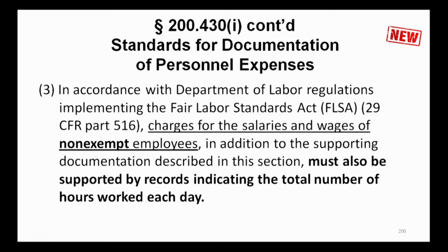So if you have non-exempt employees working, there is not going to be like, let's just round up or whatever. You've got to have a real record of that time worked for that employee, because the overtime laws are in effect, and you will need to back that up as part of your audit to document that these folks are in fact not working overtime and not getting paid or compensated for that overtime.